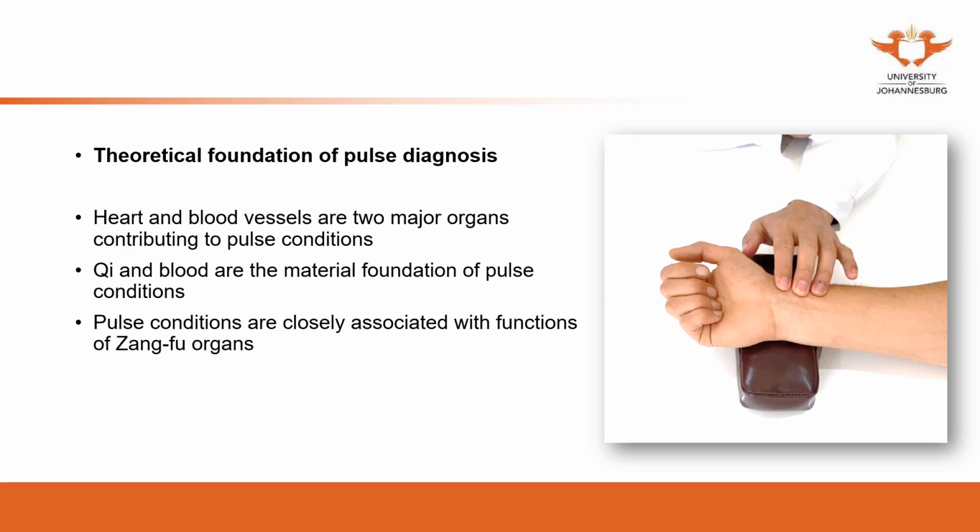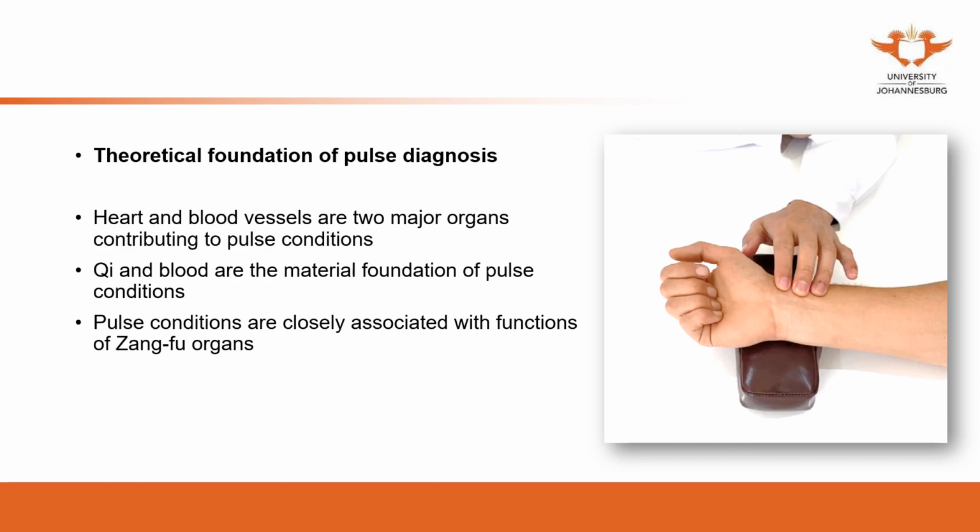And then the pulse condition is also related to the spleen and stomach function. Why is the pulse condition related to the spleen and stomach? Now you need to think about the qi and blood. Where do the qi and blood come from?